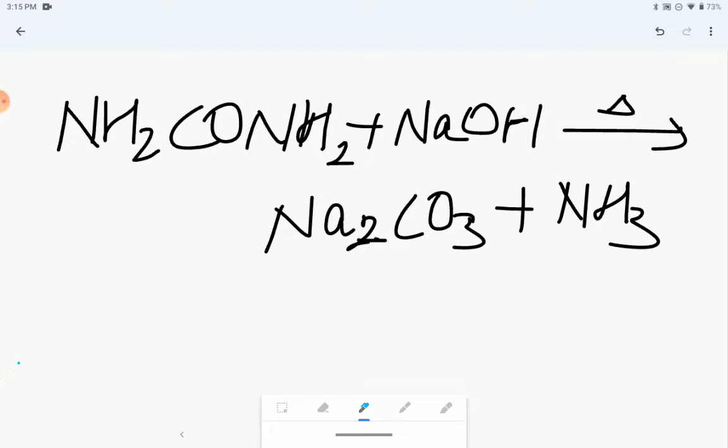Here nitrogens present are 2. Here only one nitrogen is present, so let's place 2 here. Hydrogen here totally 2 plus 2 is 4 plus 1 is 5. Here 6 are there.